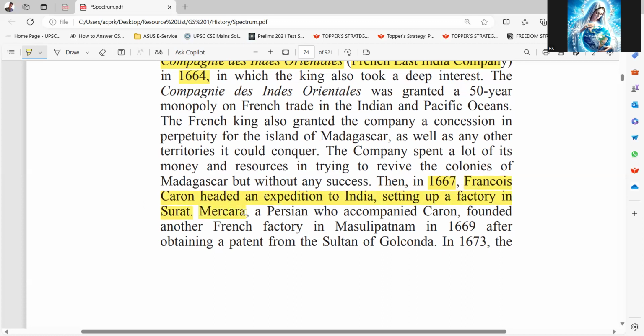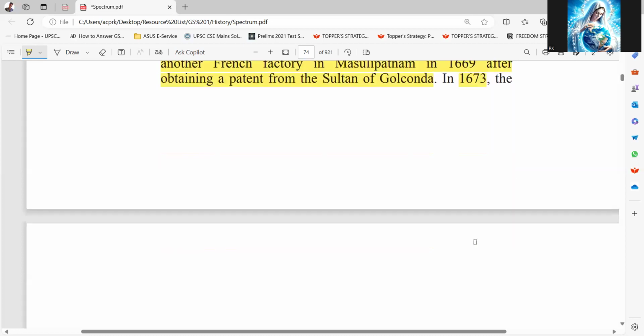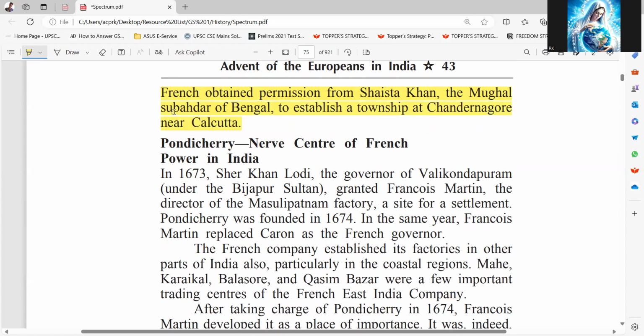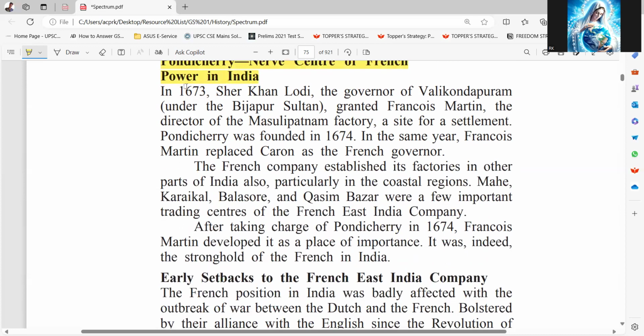Marcara, a Persian who accompanied Caron, founded another French factory in Masulipatnam in 1669 after obtaining a patent from the Sultan of Golconda. In 1673, the French obtained permission from Shaista Khan, the Mughal Subedar of Bengal, to establish a township at Chandernagore near Calcutta. Pondicherry, the new center of French power in India.